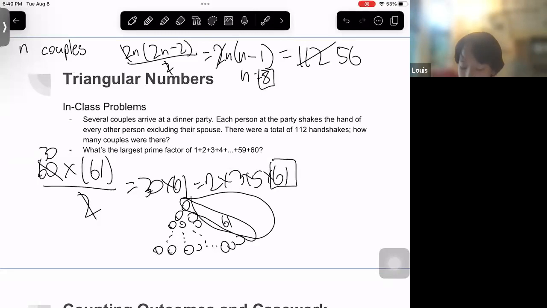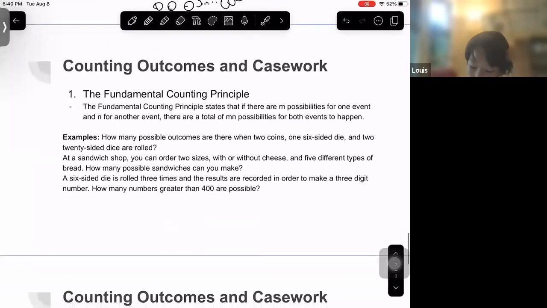And then after that, we divide by 2. So it's 61 times 60 over 2. So obviously, the largest prime is just 61. Questions? If no questions, then I'll move on.